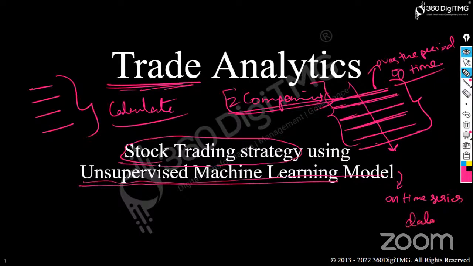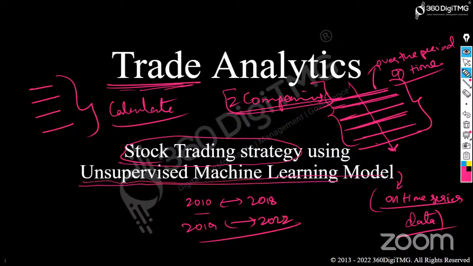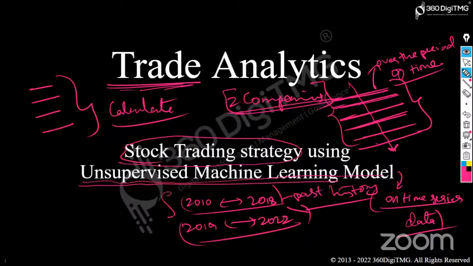Whenever we involve time, something like 2010 to 2018 and 2019 till date 2022, we are cross-verifying with the past history, getting the data and knowing it. This is helpful with the help of an unsupervised machine learning model.